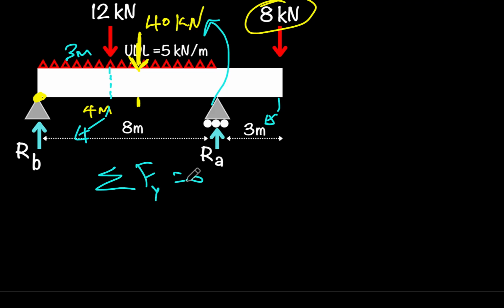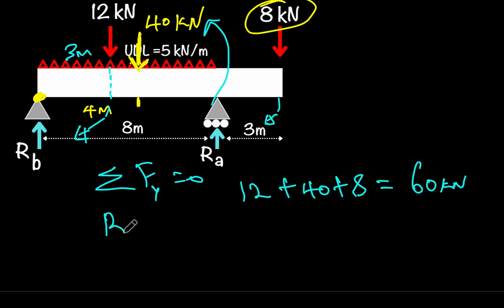So if you do the 12 kilonewtons plus your 40 plus 8, this will give us 60 kilonewtons. And that's representing all the forces going downwards. And what we have going upwards is our RB plus our RA. And that's what should equal 60.